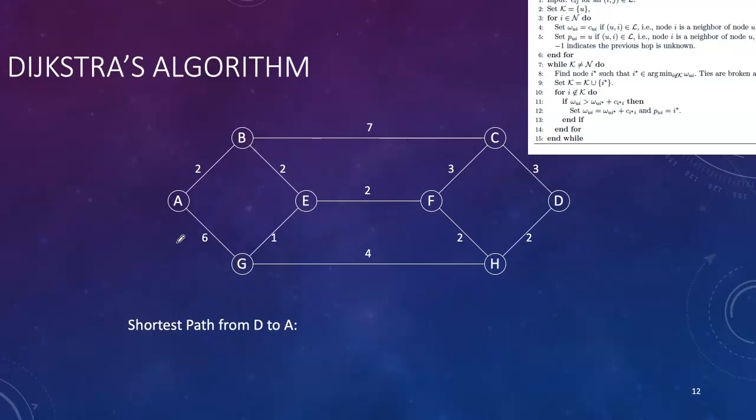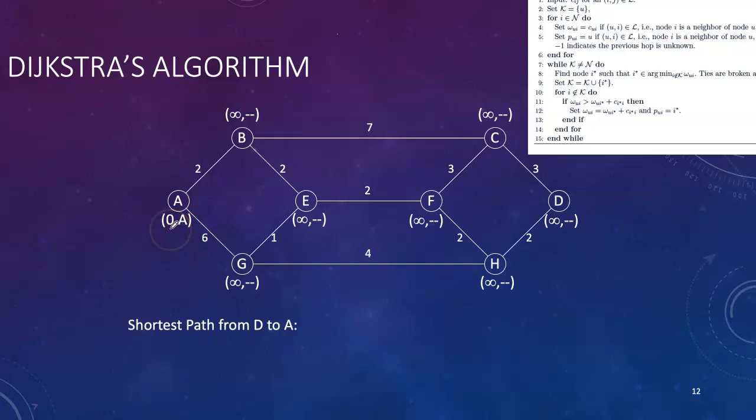For this, it is clear to see that once it finds the minimum cost path to D, it will have found the minimum cost paths to every other node in the network. So we initialize by including only node A in kappa.